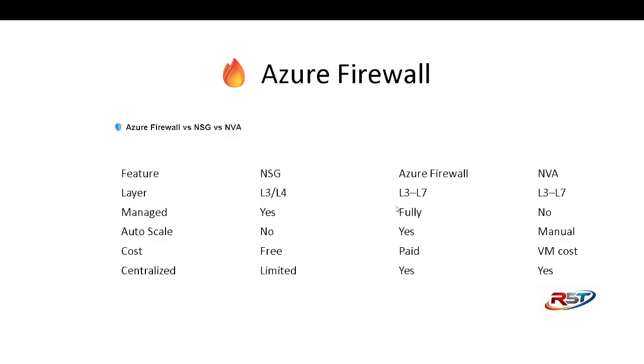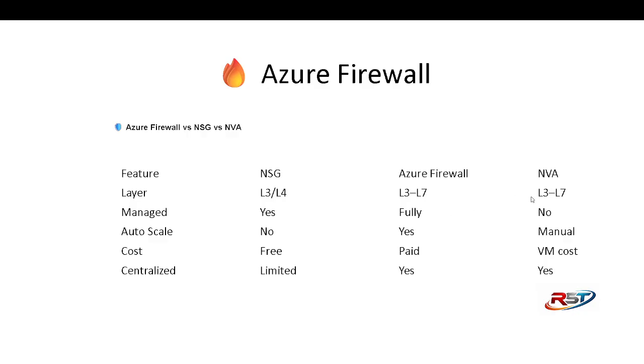Azure Firewall supports layer 3 to layer 7. So NSG filters only layer 3 and layer 4 traffic, and Azure Firewall filters up to layer 7.